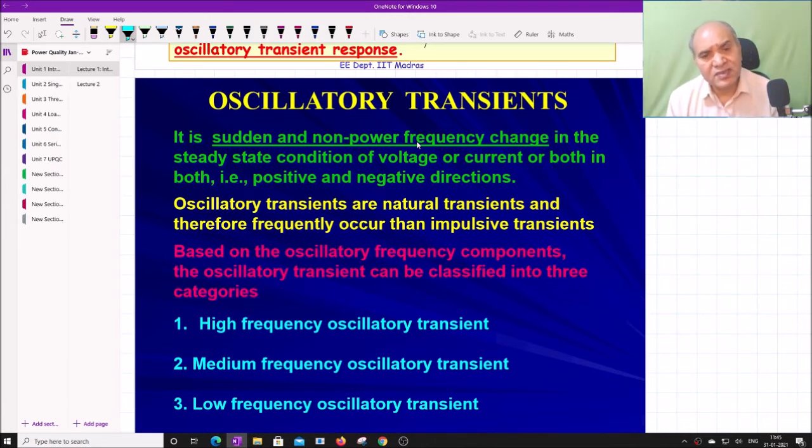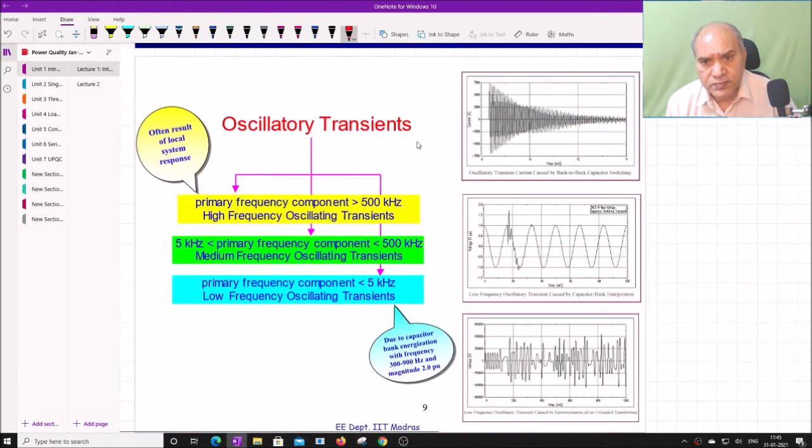These transients can be further classified into three other categories: high frequency transients, medium frequency transients, and low frequency transients. These frequency ranges are defined like this: for frequencies more than 500 kilohertz, we get the high frequency oscillatory transients.